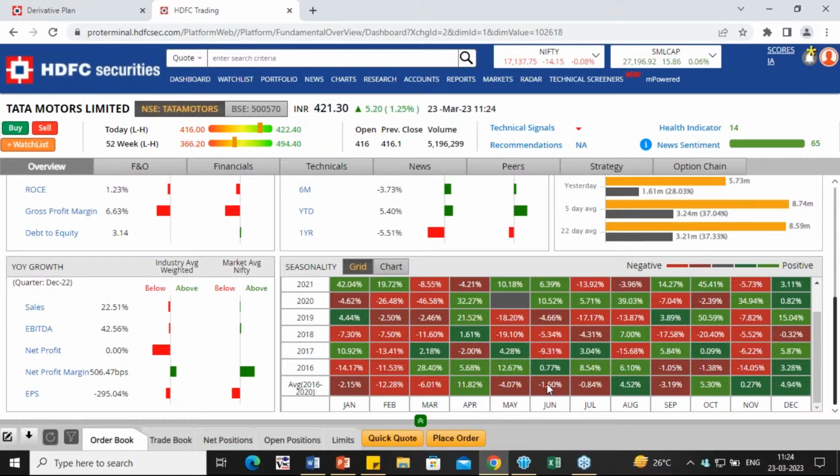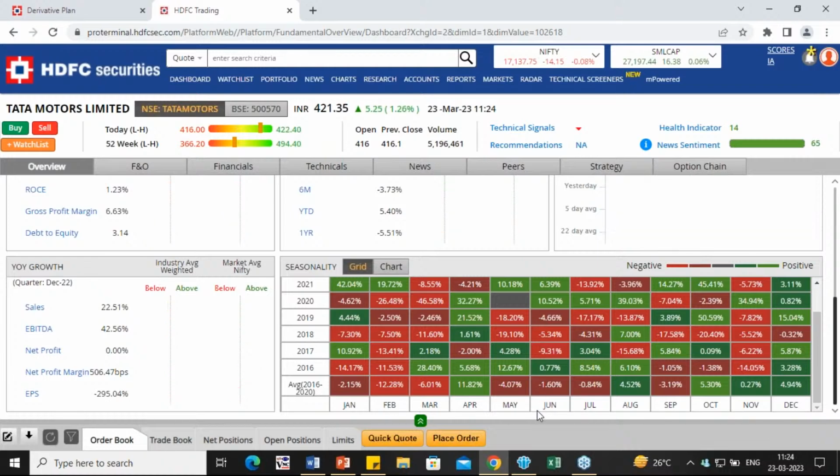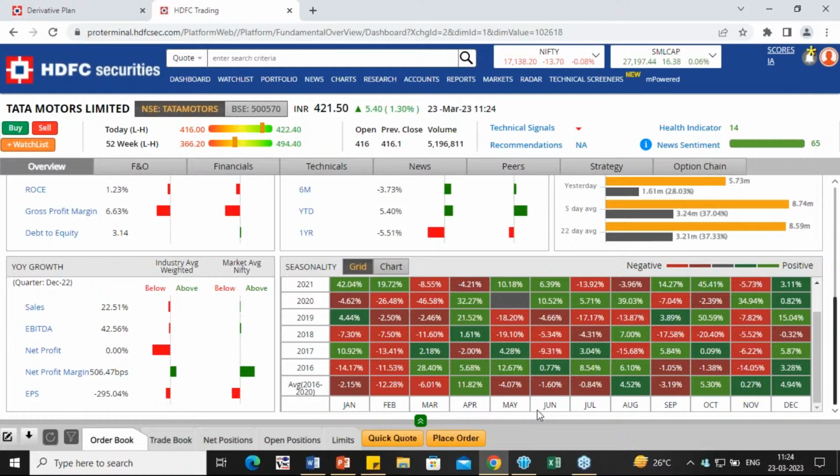Basically, you will understand in which month Tata Motors Limited gives the maximum return and the maximum loss, and if it's consistently giving the maximum loss, what was the reason for that, right? All the information will be available on the seasonality chart, and we have also classified it into colors. We have classified from negative to positive. The very negative ones are classified as red, and the positive ones you can see in green, basically, right?